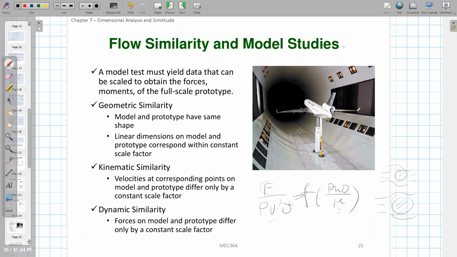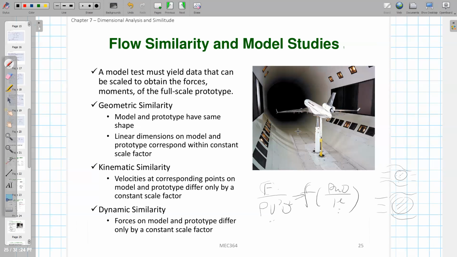It's very expensive to build a high-speed wind tunnel, and we just cannot build a wind tunnel of that large size. It's impossible, and even if it is possible, it will be just too expensive. So what we do is build a small wind tunnel.